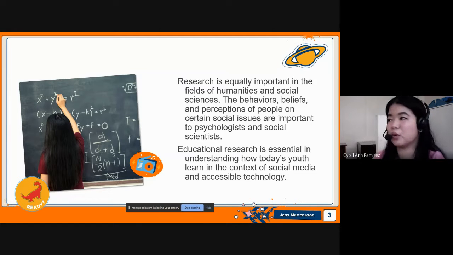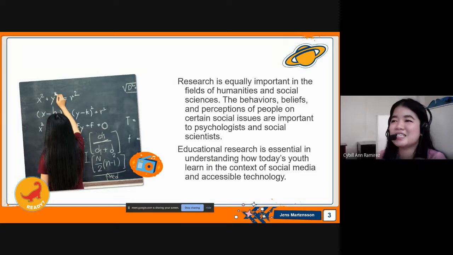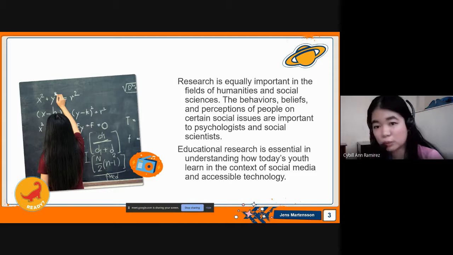Qualitative is more on like I'm going to expose my participants in a certain environment, and then I'm going to observe for a couple of days what is their behavior when they are exposed in this environment, how they treat each other. It's like a social experiment, no? And then you observe their behavior, and then you do interviews with them. No, you do group forums, no?